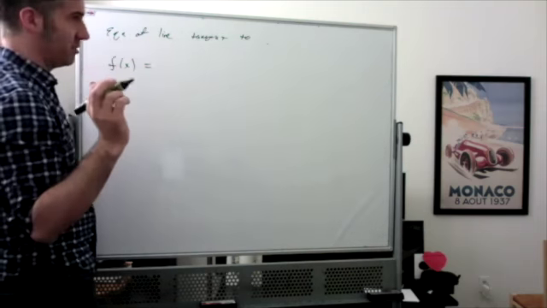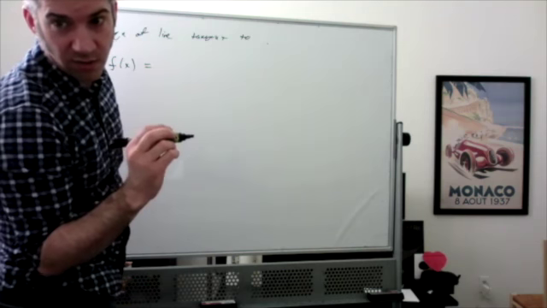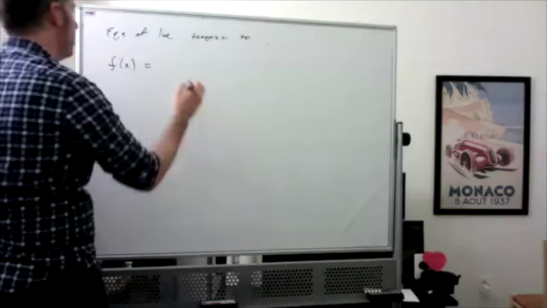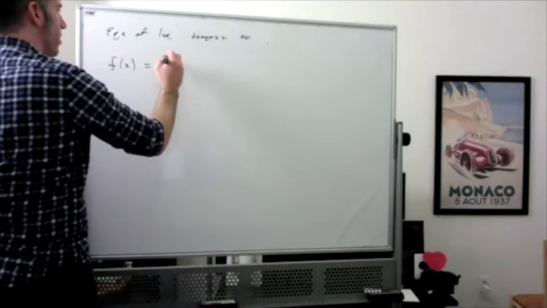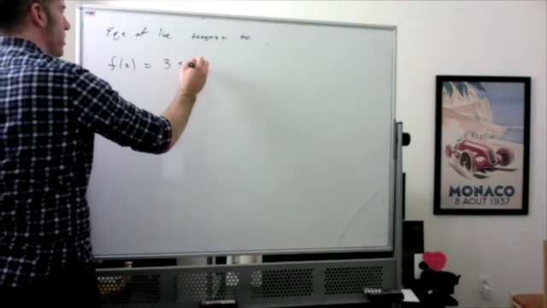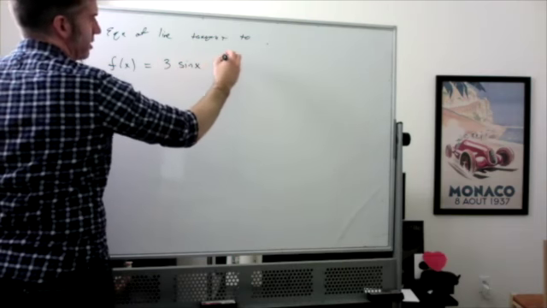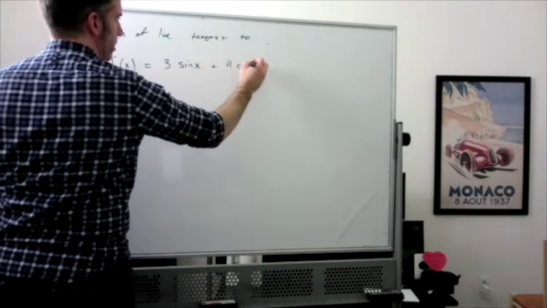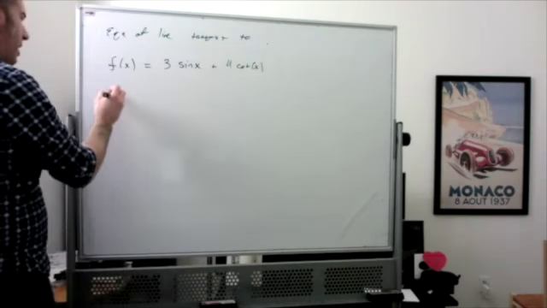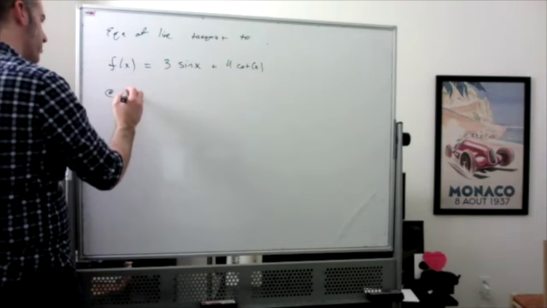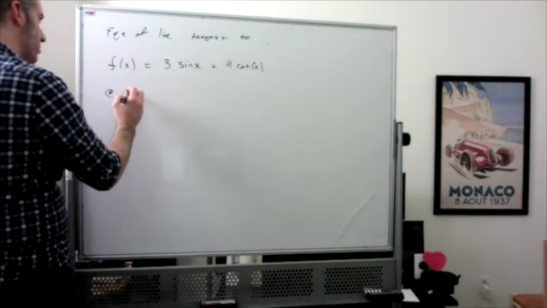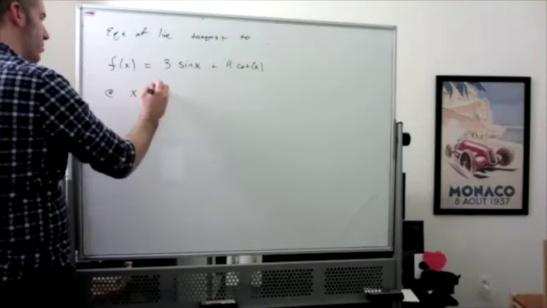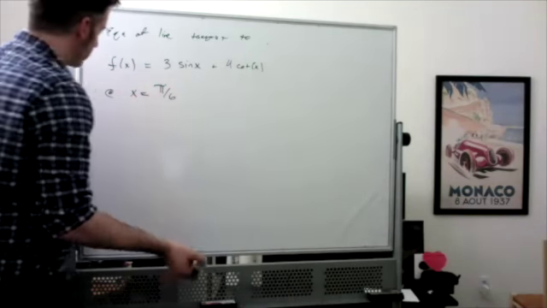Sorry, I'm just trying to come up with something that isn't extremely awful, just minorly awful. Sure, let's do something like this. Let's do 3 sine of x plus 4 cotangent of x at x equal to pi over 6.